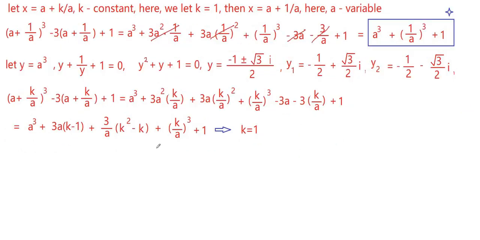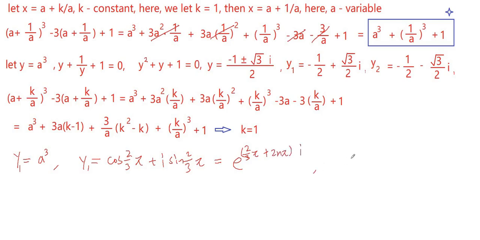Before we go to more complicated examples, let us finish this first example. Say y is equal to a cubed. We select y1 first. y1 is the same as cosine 2 pi over 3 plus i sine 2 pi over 3, which is e to the i times (2 pi over 3 plus 2n pi), where n is an integer.